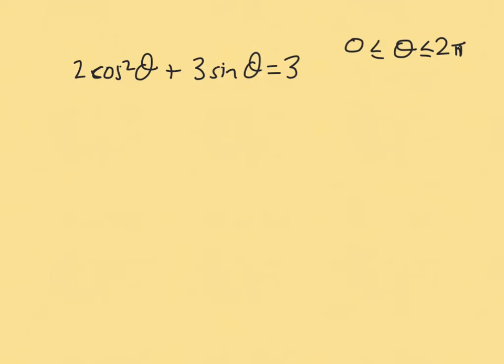Okay, let's solve this quadratic trig equation. I've got a quadratic, it's in cos and sine. I want to put it into either cos or sine, just one of those.